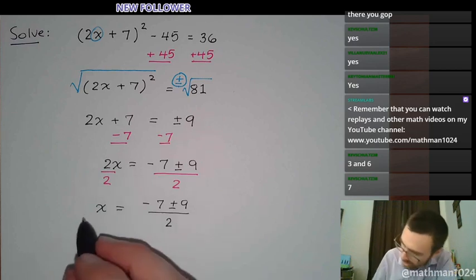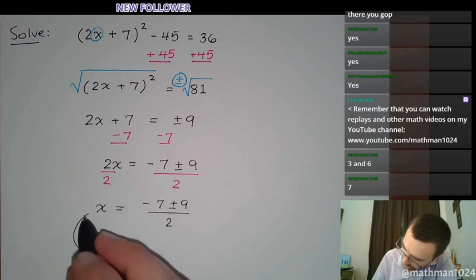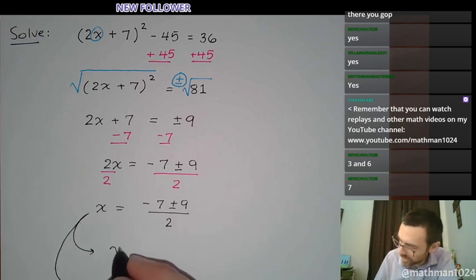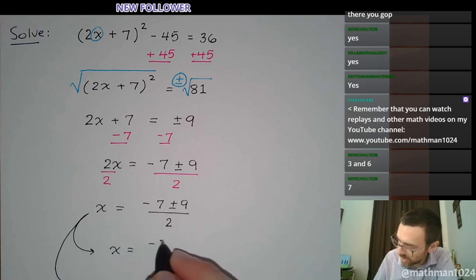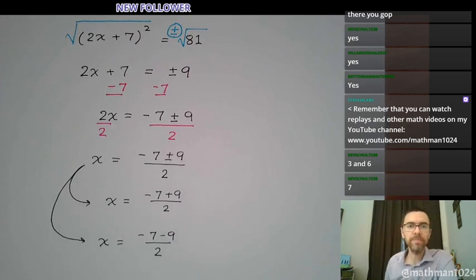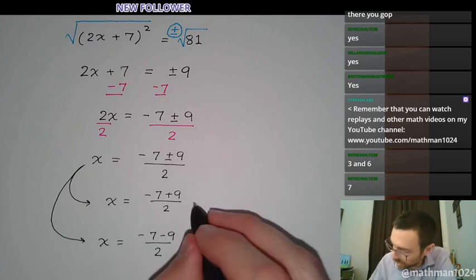So we're going to rewrite this. One of these is going to have the plus, so x equals negative 7 plus 9 divided by 2. And then x equals negative 7 minus 9 divided by 2. So you have your 2 situations, and you just work these out.